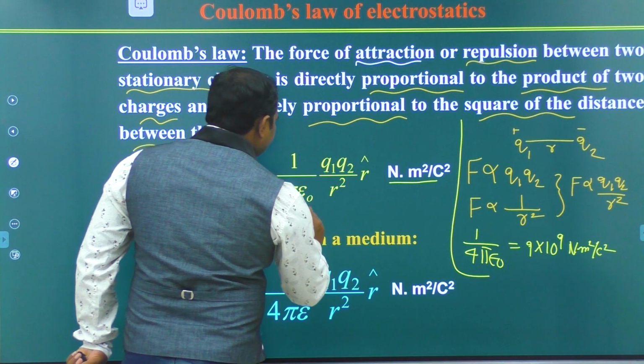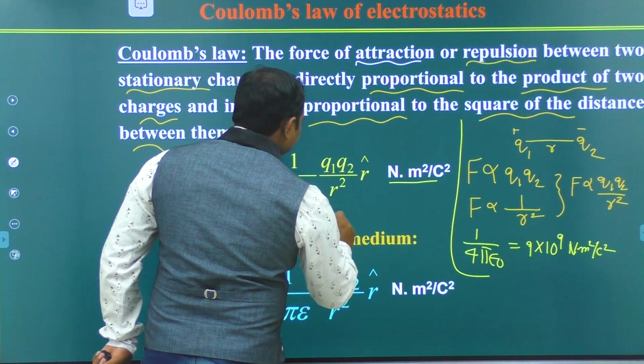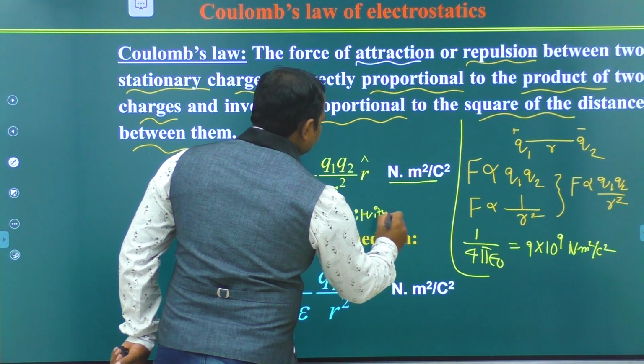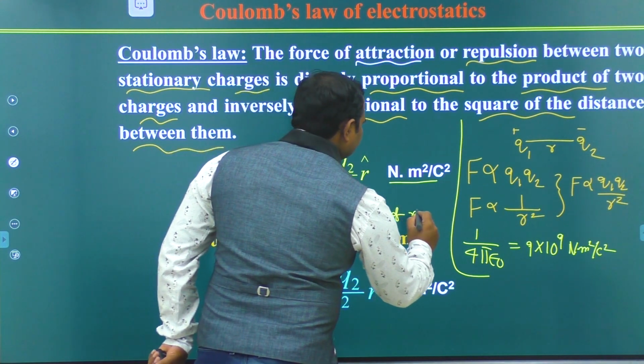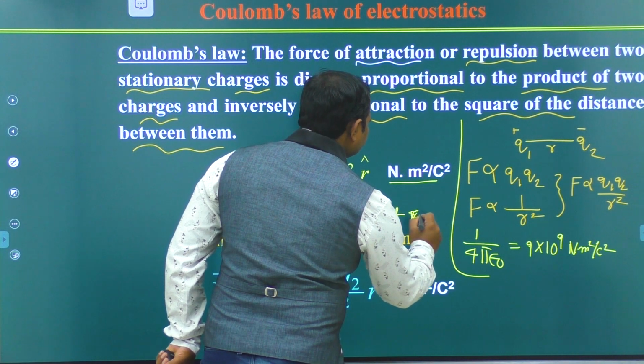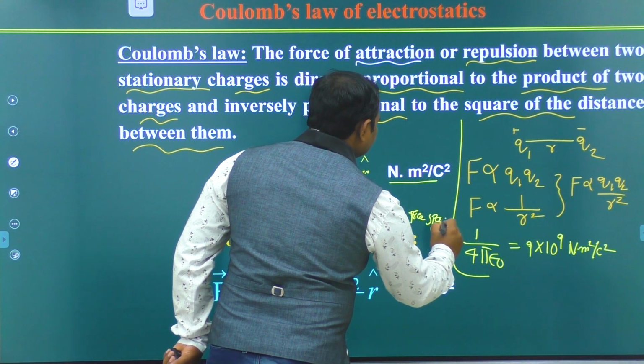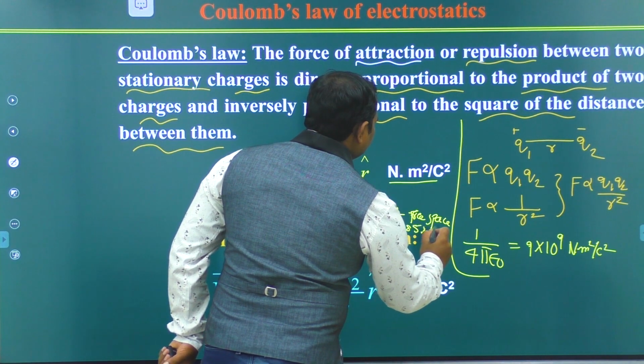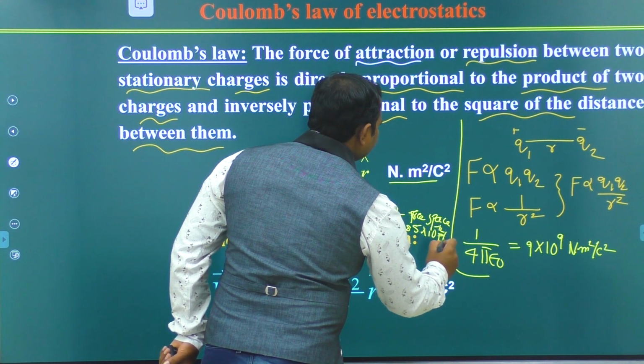Epsilon naught is the permittivity of free space, which is equal to 8.85 into 10 power minus 12 farad per meter.